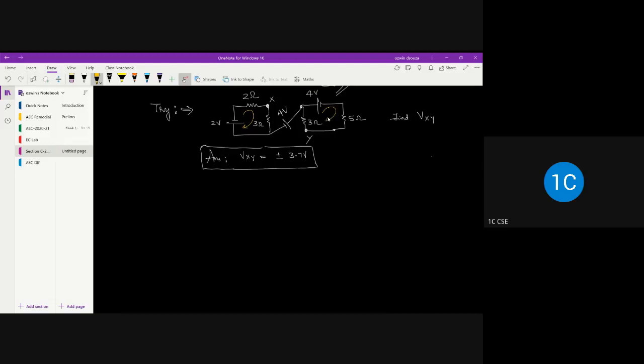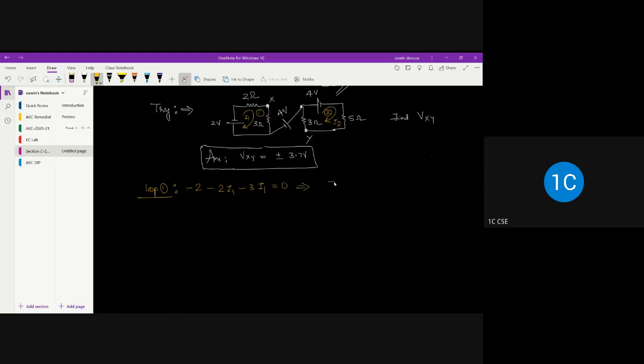So clockwise currents I will take in loop 1 as well as loop 2. Okay, so you can write KVL in loop 1. It's -2 minus 2I1 minus 3I1 is equal to 0. So this I'm taking I1 and this I'm taking I2.